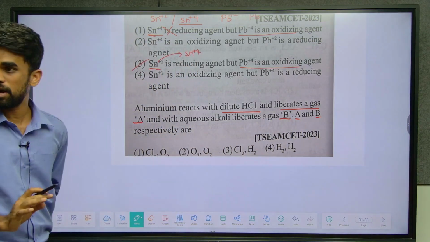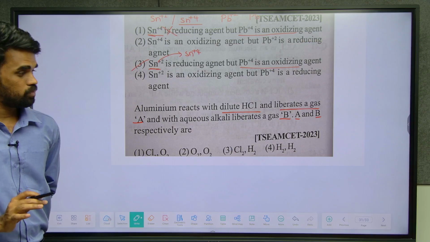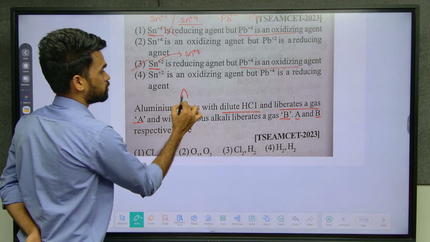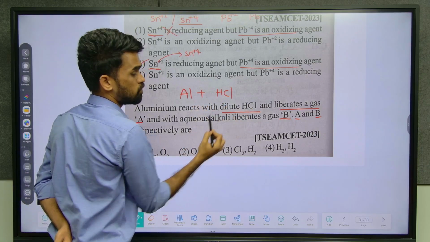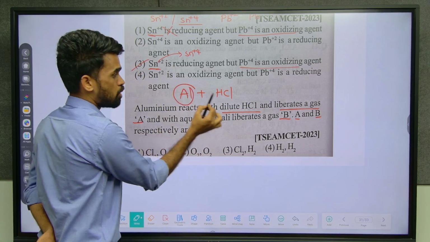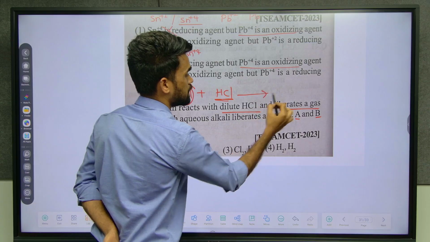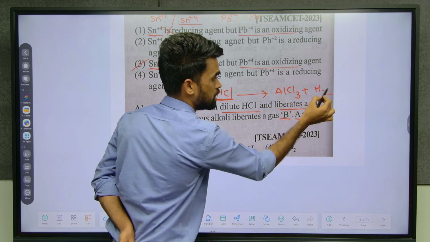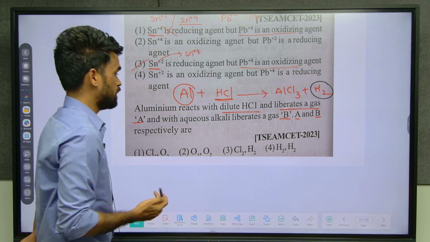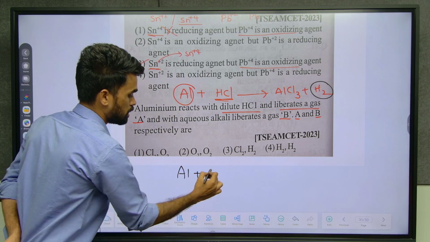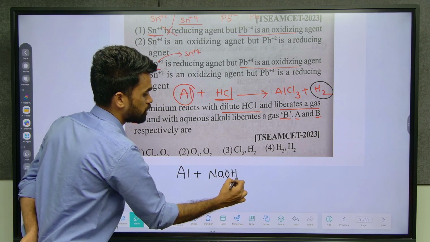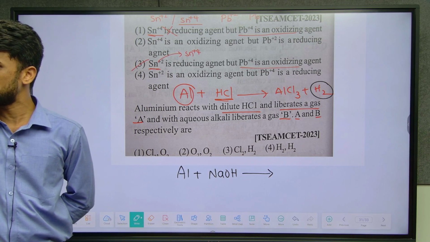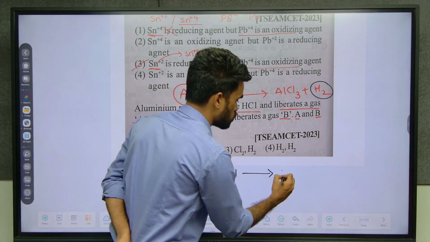The morning class we have discussed this. What is the answer? Aluminium reacts with HCl. See, metals upon treating with acids release H2 gas along with formation of salt like AlCl3. So what is the gas released here? Even aluminium upon treating with base NaOH forms meta-aluminate, something like we discussed in the morning class. Along with that H2 gas is released.